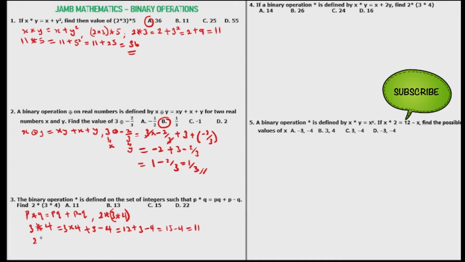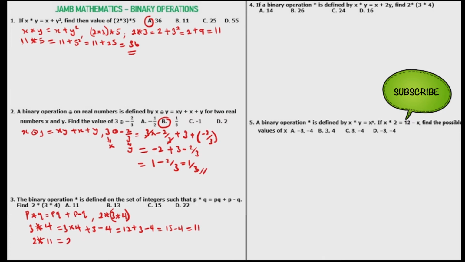So we will now say 2 asterisk, and everything in the bracket gives us 11, so it will be 2 asterisk 11. We now divide it using the definition given to us.